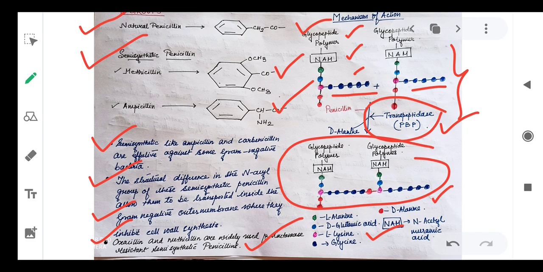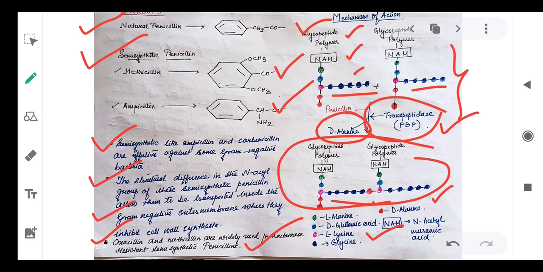So before we move on to that, first let's see what transpeptidase does. Transpeptidase basically brings about the transpeptidation. You get to see this pentaglycine bridge binding with the D-alanine, and one D-alanine is being removed. And the two peptidoglycan monomers are cross-linked by this reaction.